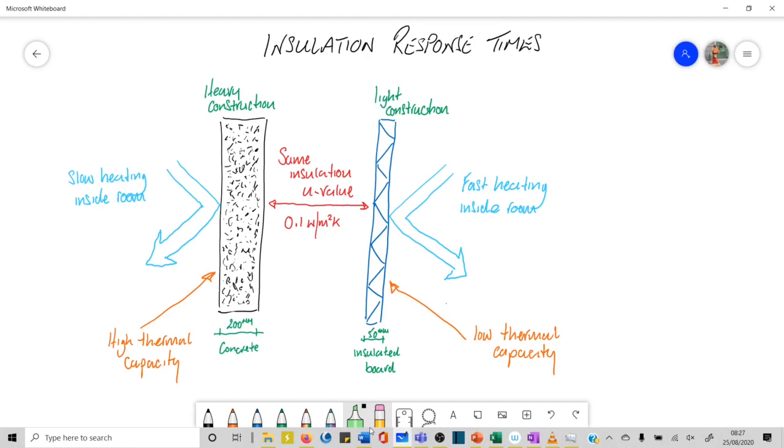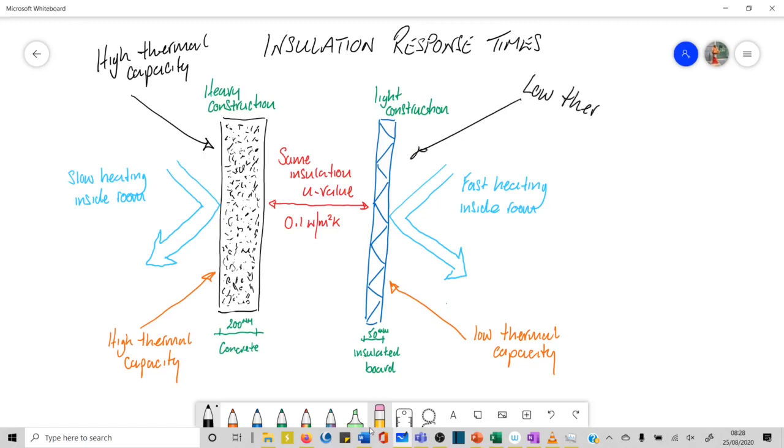So in terms of insulation response times, the heavy construction has a high thermal capacity, and on this side we've got a low thermal capacity.